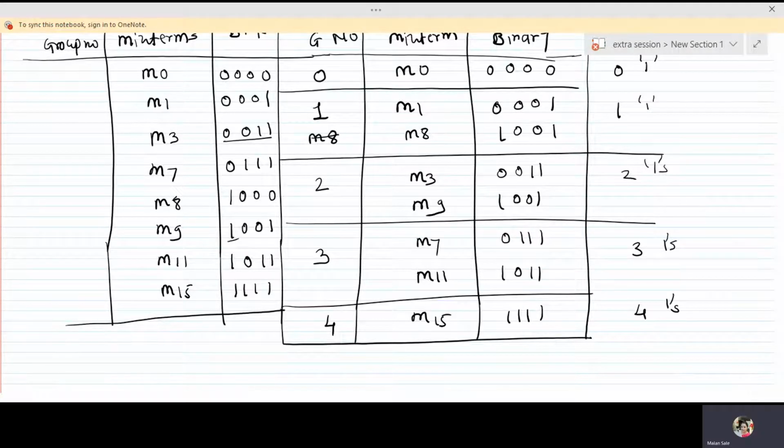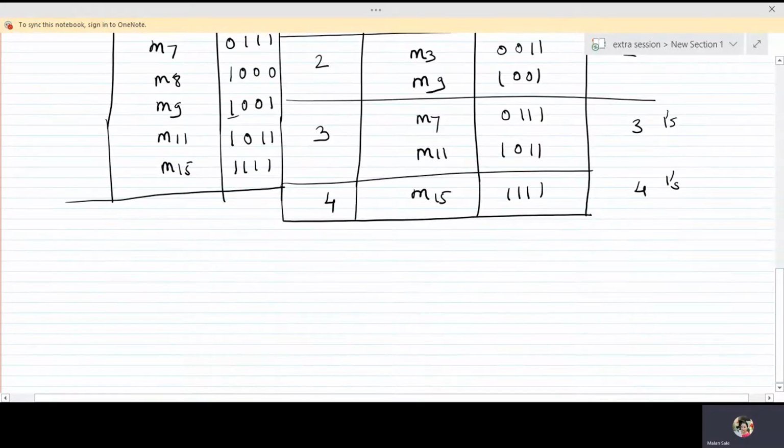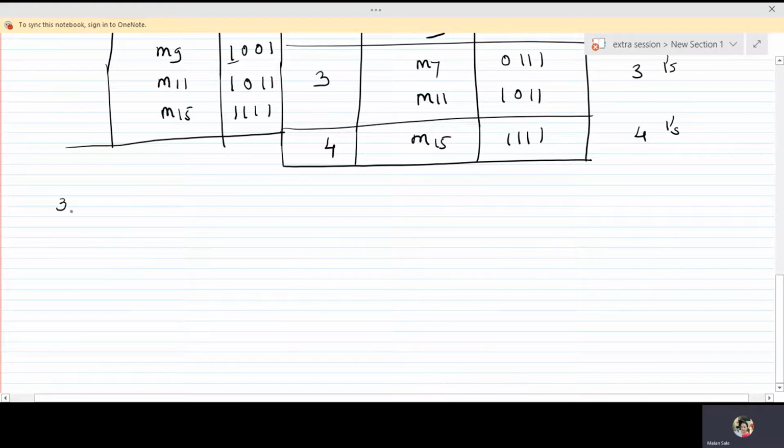Now after completion of the second step, we'll make a grouping of the pairs. Now the third step, grouping of pairs.